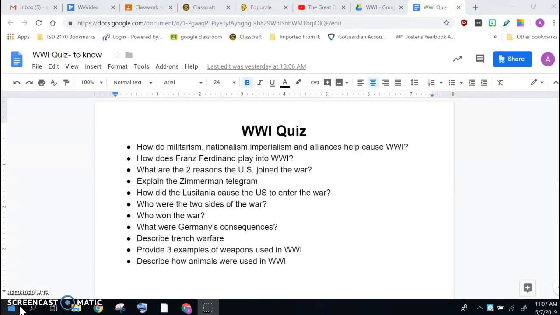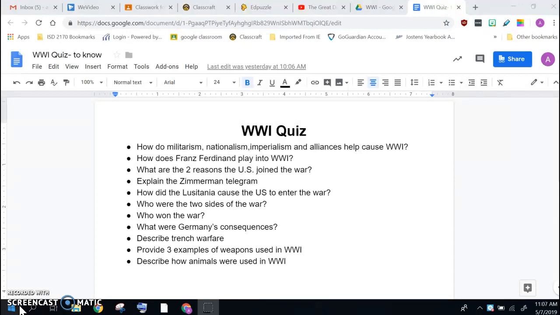It was oftentimes filled with mud because it was made out of just the ground, and any of the water would just build up, and that would cause trench foot, trench disease. You would find rats everywhere. Disease was easily spread. Sometimes they even went as far as using dead bodies to build up the walls of the trenches.